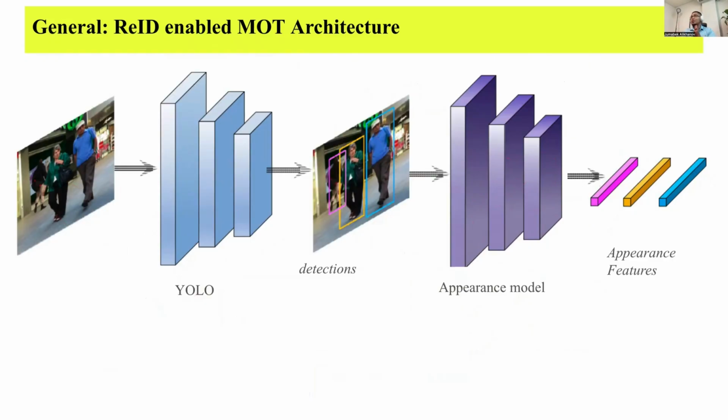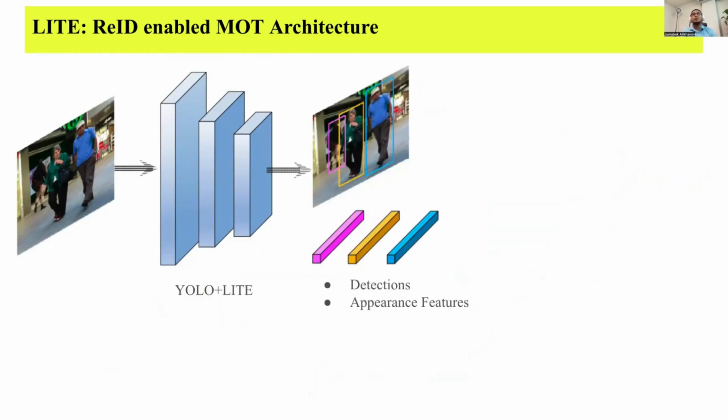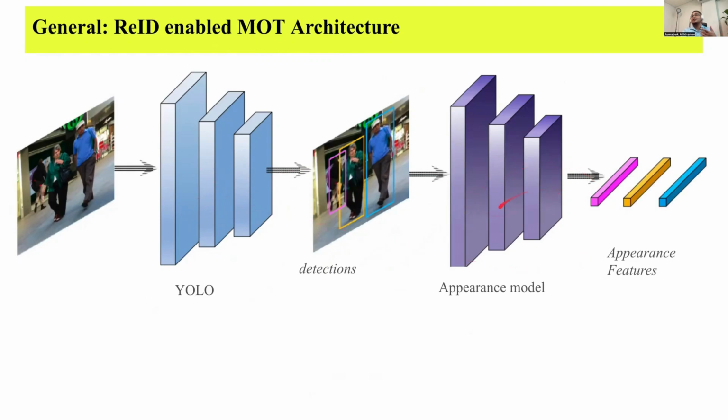And LITE proposes to make it into one. Can't we somehow use one network and implement LITE on top of that and obtain these representations from here as well, rather than running two CNNs? Why is this important? Because if you run two CNNs, this CNN has to wait for the result of this CNN.